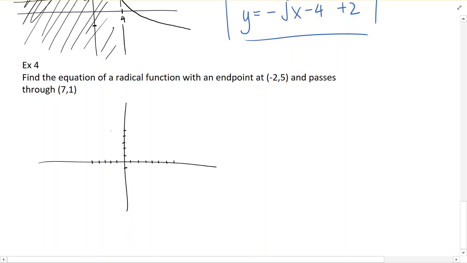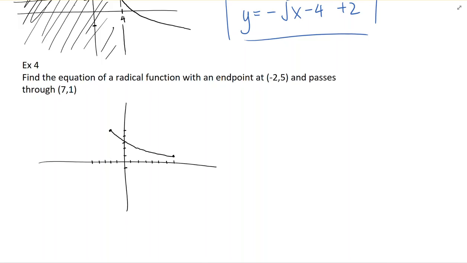So (-2, 5) is somewhere here-ish, and (7, 1) is somewhere there. Oops, that's -1 again. So it's (7, 1). We're just going to connect it something like so. We know this is a radical graph, and it's going to look something like that, okay?